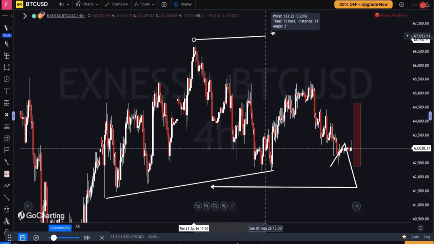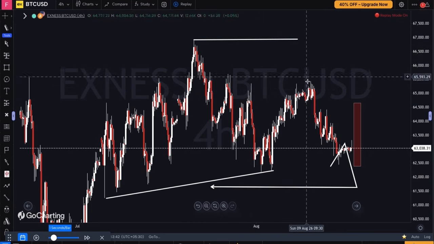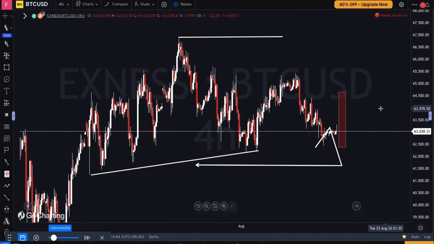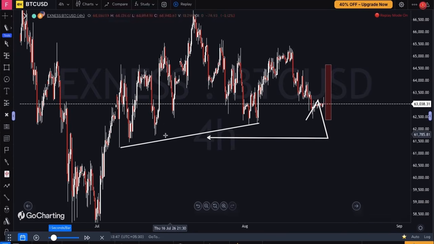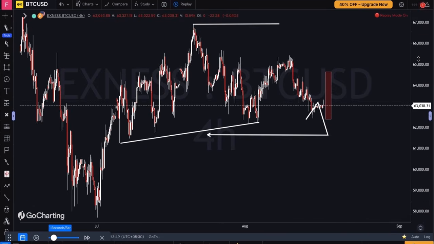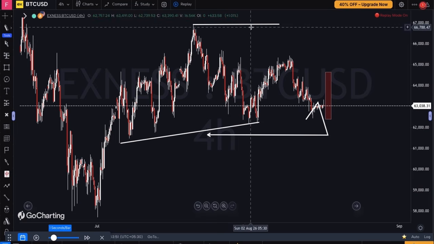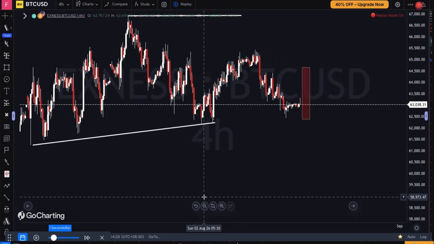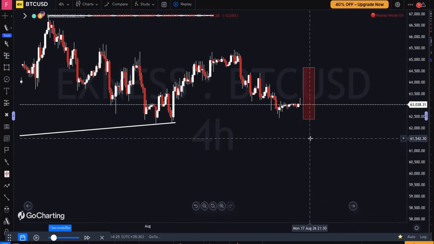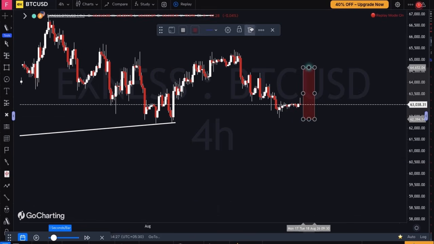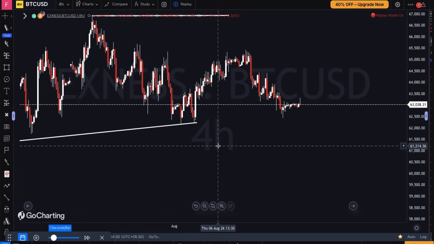If this high got broken, the major chances were that the sell side liquidity would be cleared. But in this scenario, the buy side liquidity is also pending, which means there are chances for a next bullish move, but only if we get the confirmations.